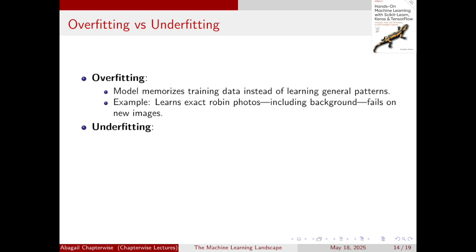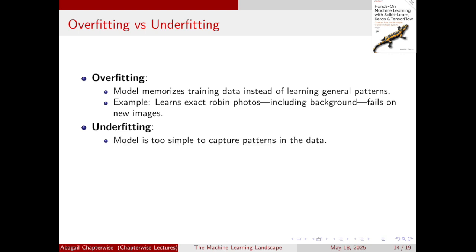But when you show them a new robin photo taken in a different location or from a different angle, they get it wrong. That's overfitting. The model has latched onto noise or irrelevant details instead of learning the broader pattern of what makes a robin a robin. In machine learning, this leads to high accuracy on the training set, but poor performance on test data.